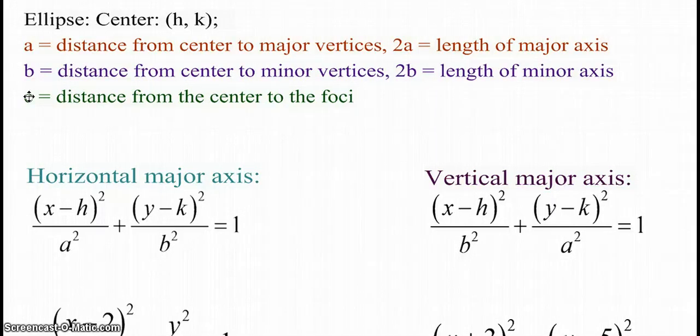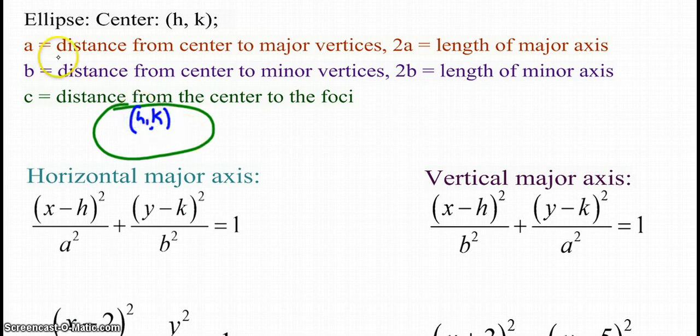So when we talk about a horizontal major axis, we're talking about an ellipse like what we saw in the picture. That's a horrible ellipse, but we'll have a center, so this will be the point (h, k). I have a, which is the distance from the center to the major vertices. So essentially just whichever way the ellipse is stretched, that is the major axis, and then the shorter distance is the minor axis. So I would have some point here and some point here.